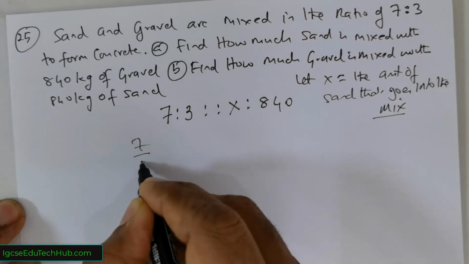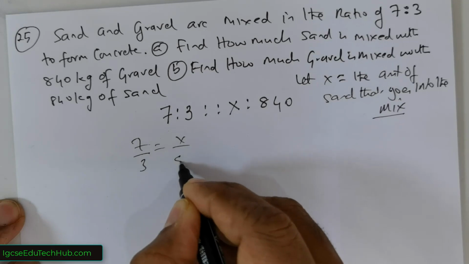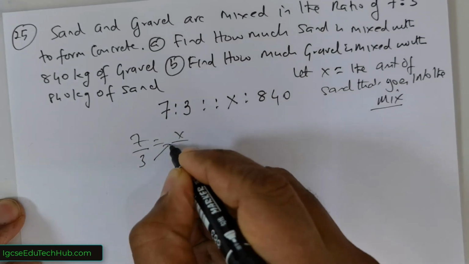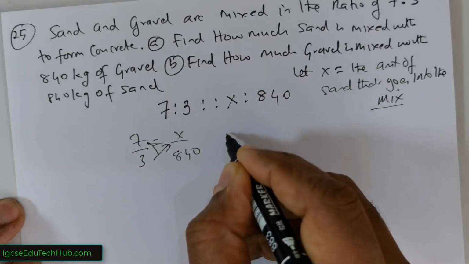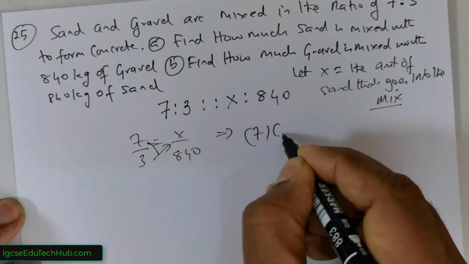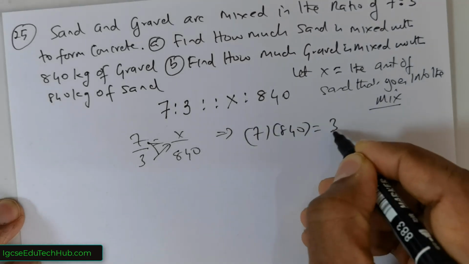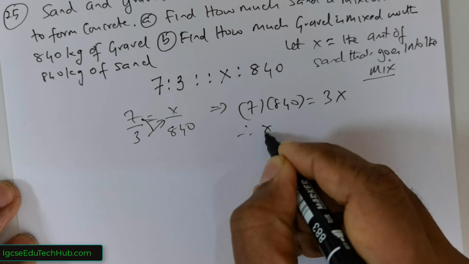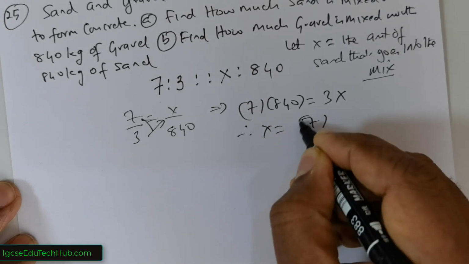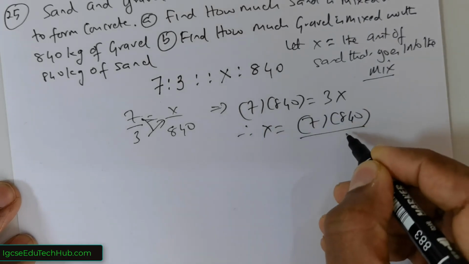So this can be rewritten as 7 over 3 is equal to X over 840. You cross multiply, you get 7 multiplied with 840 is equal to 3 multiplied with X. We need to get X. So X is equal to 7 into 840 divided by 3.